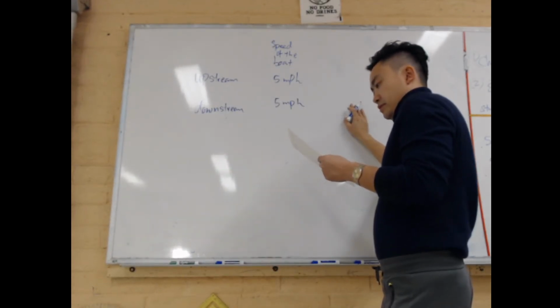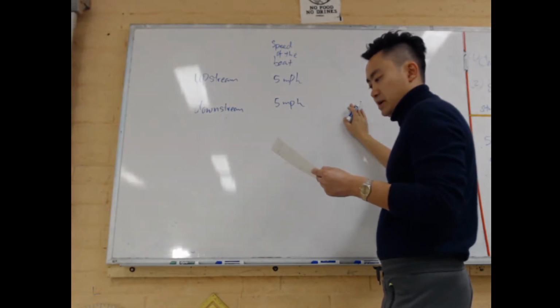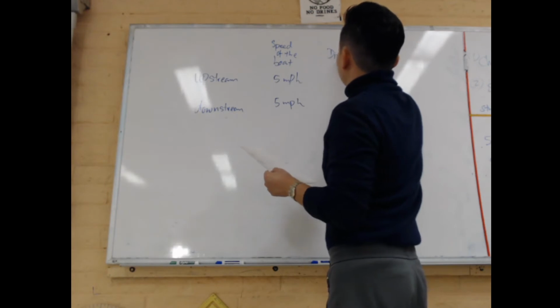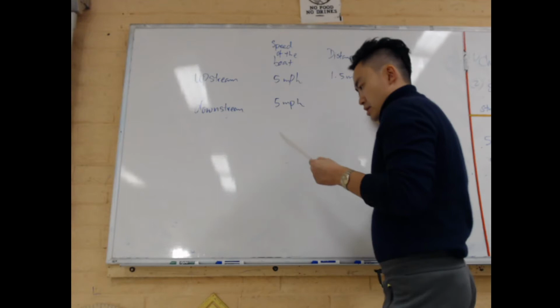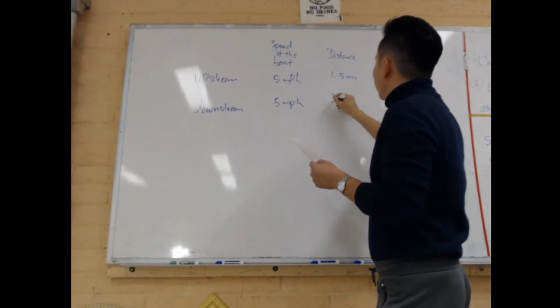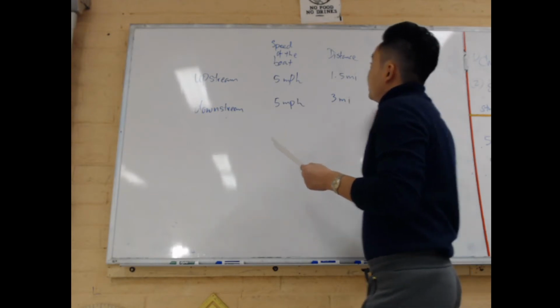And if the boat travels 3 miles downstream in the same amount of time it takes to travel 1.5 miles upstream, then for distance, we have 1.5 miles, and the other one travels downstream 3 miles. So what's the speed of the current?